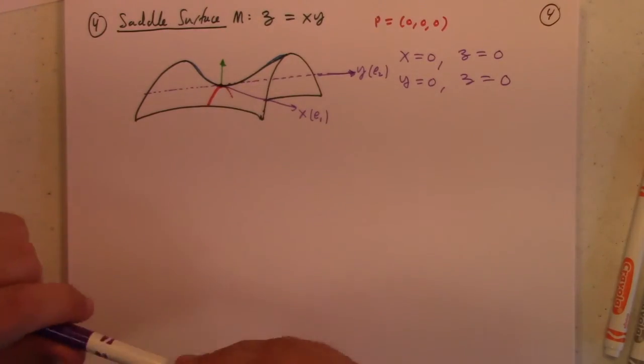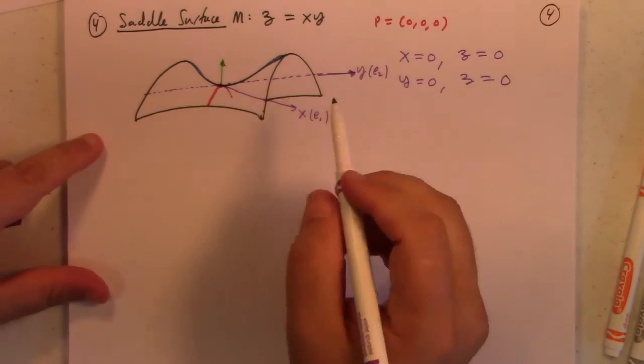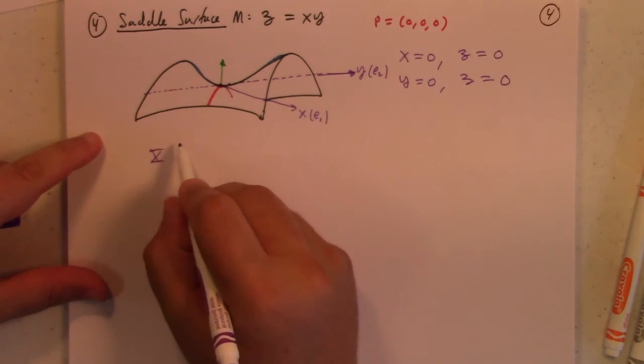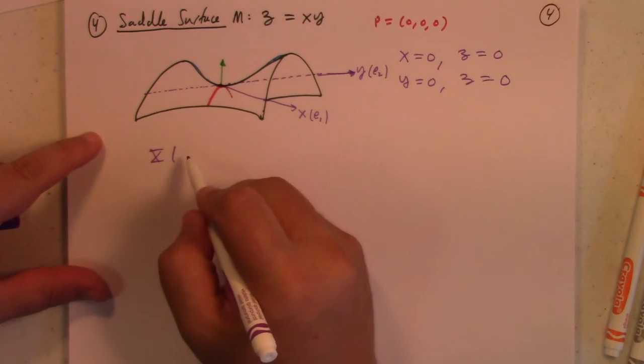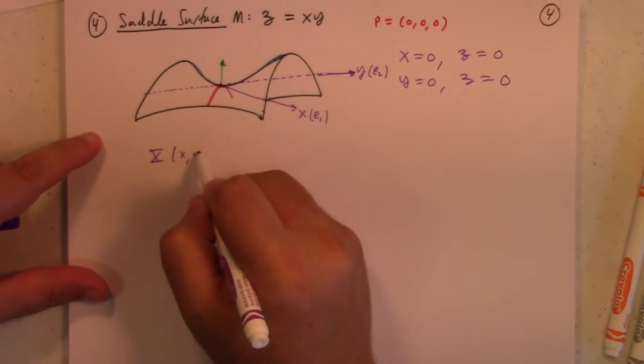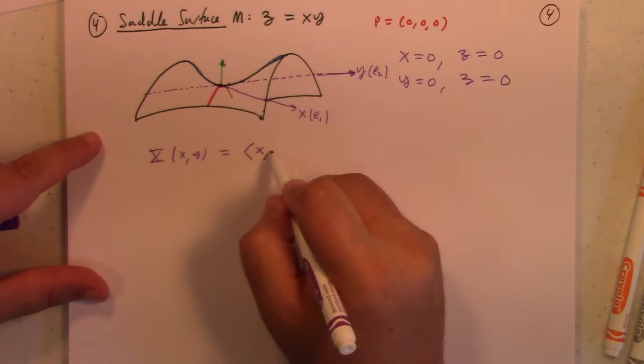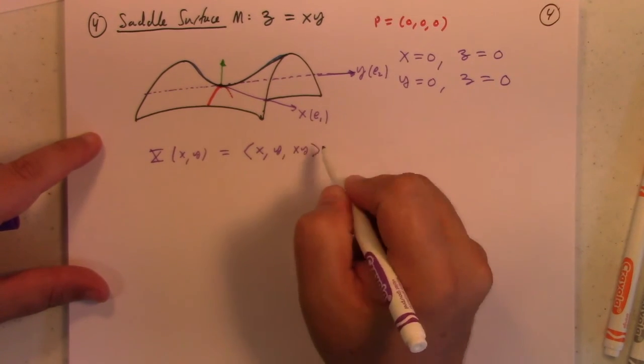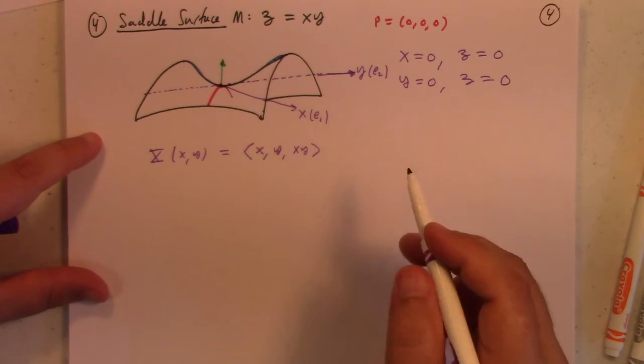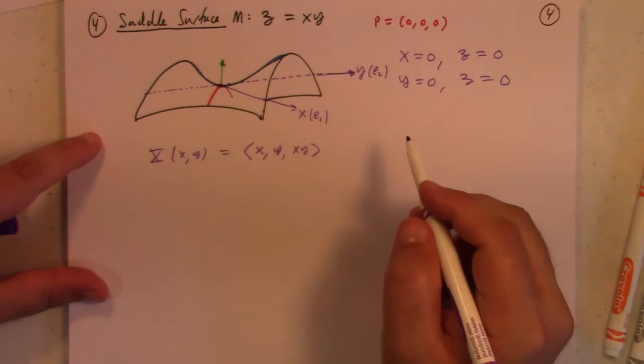So obviously there's a patch on this. The patch that I would use would be x of x, y, which looks like x, y, xy.